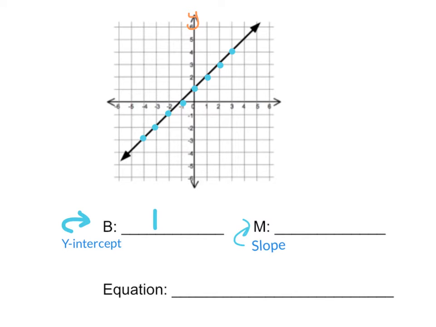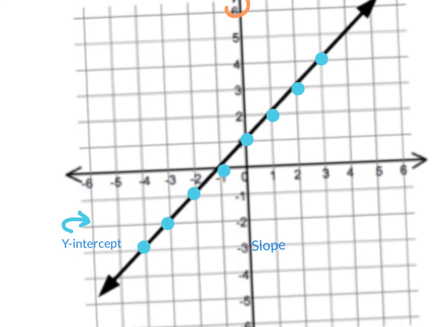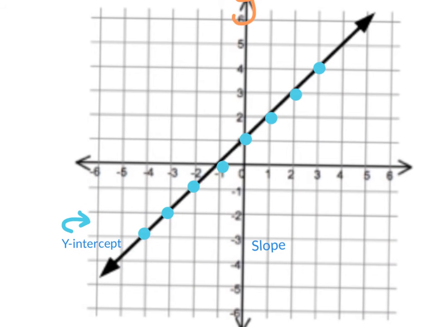Now to find the slope, I'm going to do rise over run. So I'm going to zoom in a little more here. I'm going to draw a right triangle between any 2 points here. I'm going to pick 2 consecutive points. Now this is your choice here, but we're going to rise and run. Now all we have to do is count.